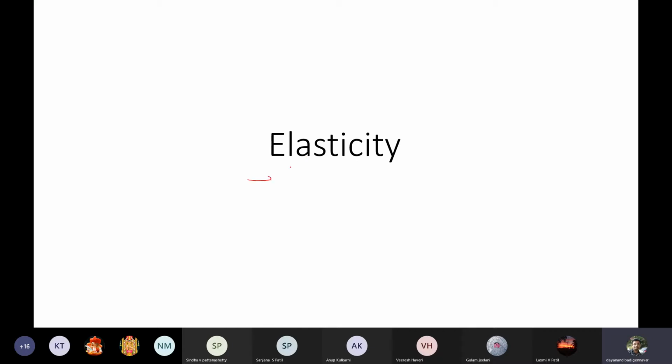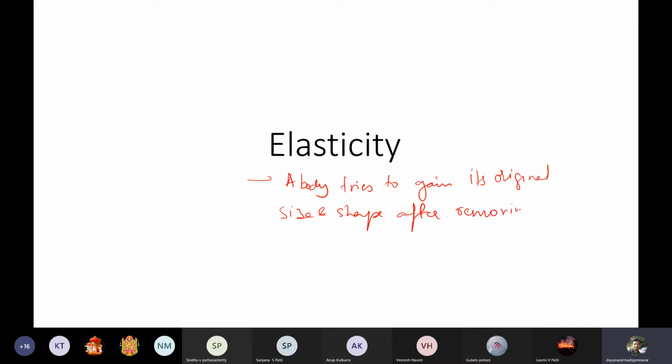A body tries to regain its original size and shape after removing the applied force.